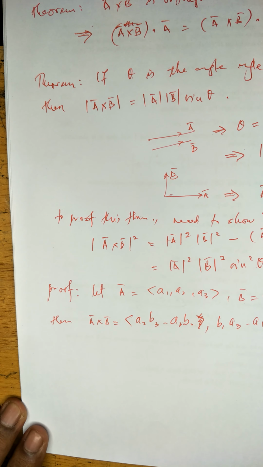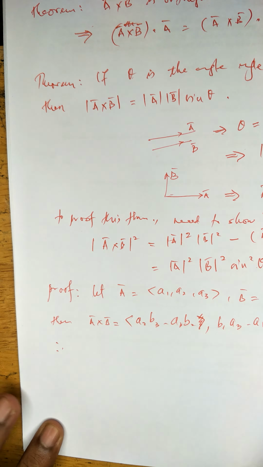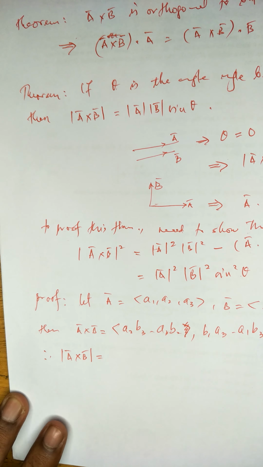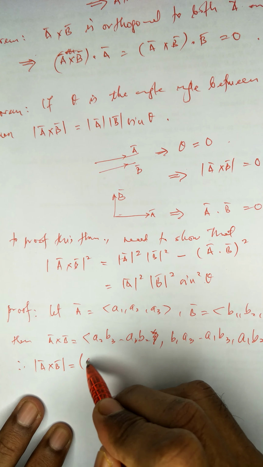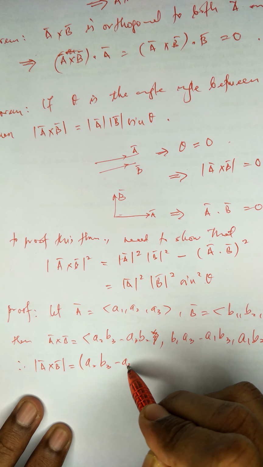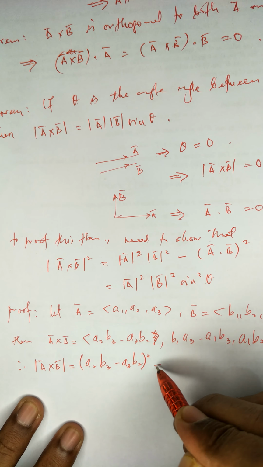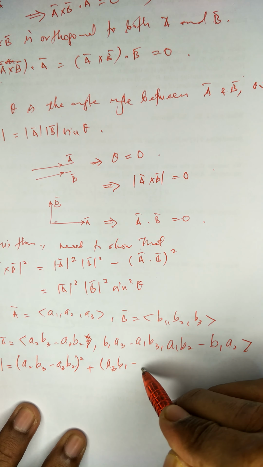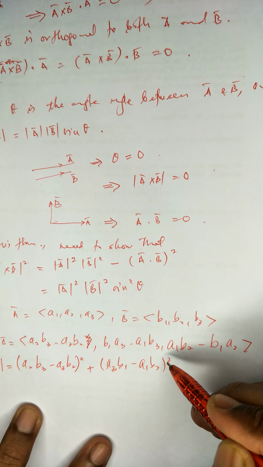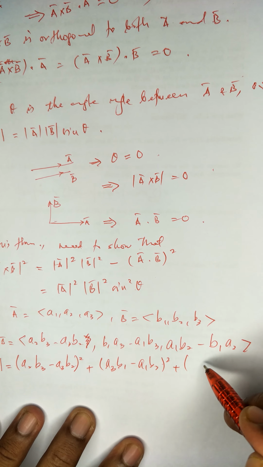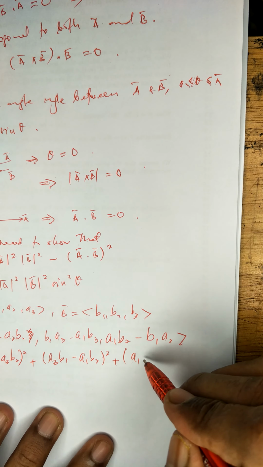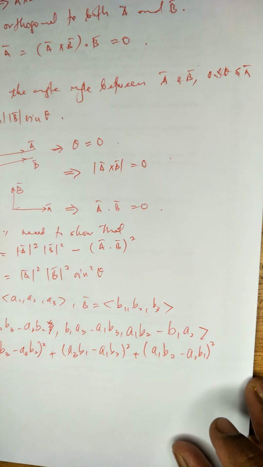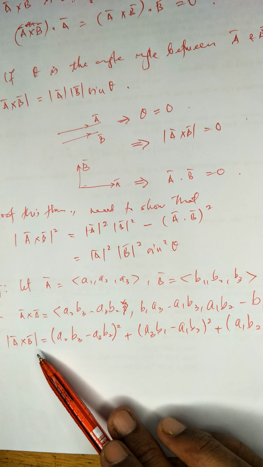Then if we take the magnitude, A cross B equals A2 B3 minus A3 B2 squared, plus A3 B1 minus A1 B3 squared, plus A1 B2 minus A2 B1 squared, just by the definition of the magnitude of a vector.